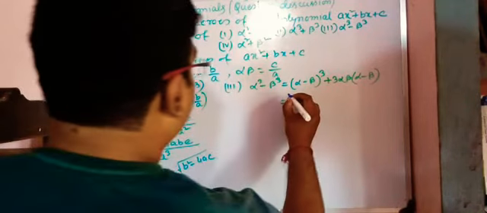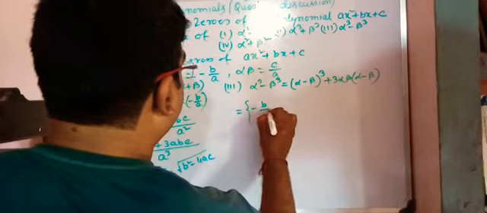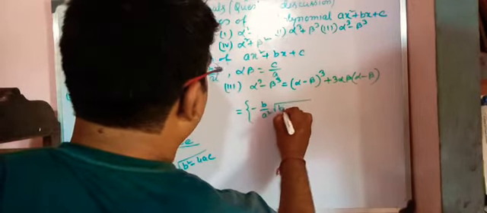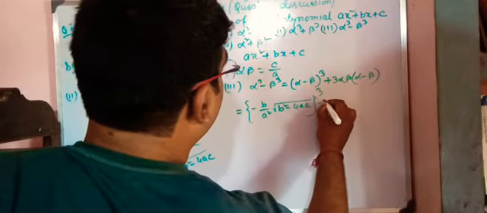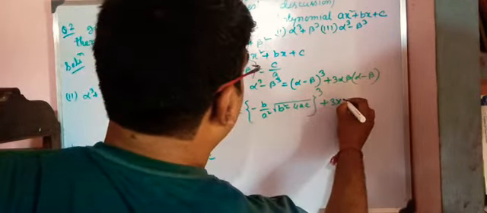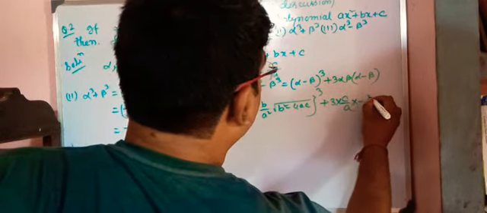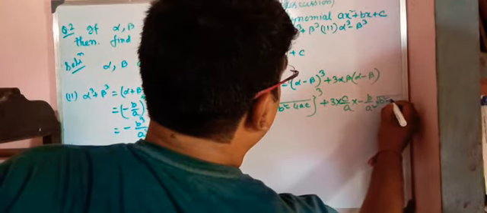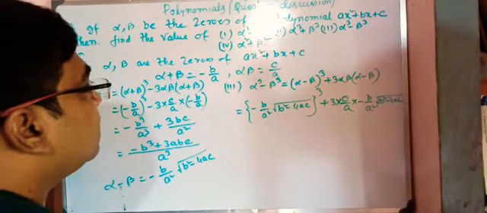Now if we put this value over here, minus b by a square into root under of b square minus 4ac, its cube, plus 3 into alpha beta, c by a, into minus b by a square root under of b square minus 4ac. Okay, so this is the calculation.